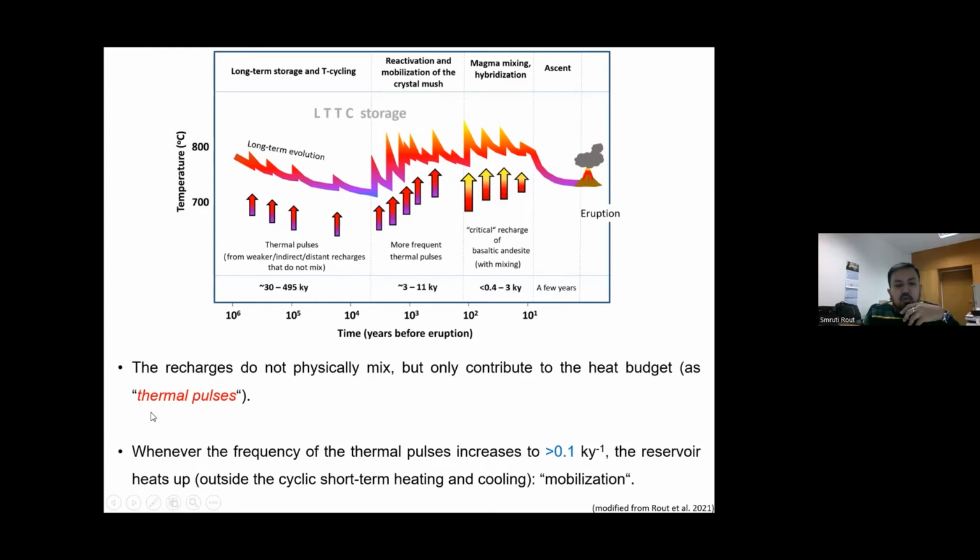And we see that whenever the frequency of the thermal pulses increases to, say, greater than 0.1 per 1,000 years, then the system seems to heat up. And that is outside these short-term heating and cooling intervals, which we term as the mobilization of the system.